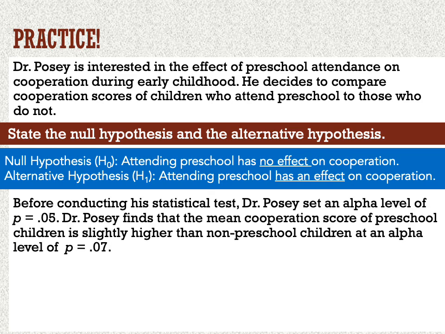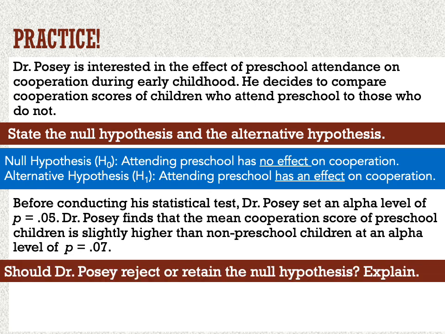All right, before conducting his statistical test, Dr. Posey set an alpha level of P equals 0.05. So that's his criteria. Dr. Posey finds that the mean cooperation score of preschool children is slightly higher than the non-preschool children and finds a p-value of P equals 0.07. So the question here is, should Dr. Posey reject or retain the null hypothesis?